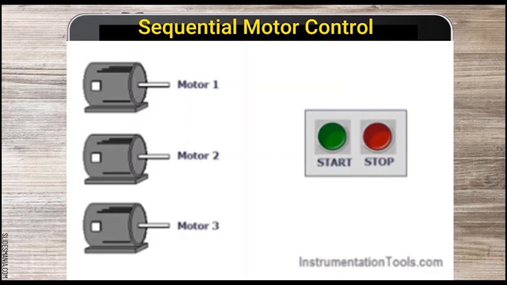The whole operation will take 10 seconds to start all motors in sequence. This delay helps to avoid the problem of large current being drawn by motors during initial startup. All motors will operate in this sequence and a 5 second time delay is provided between the operation of each motor.